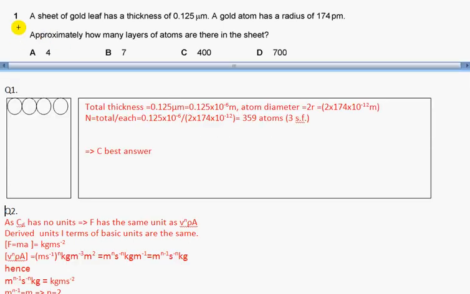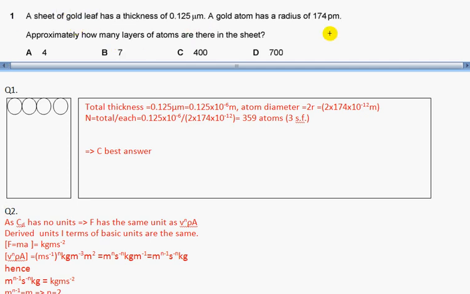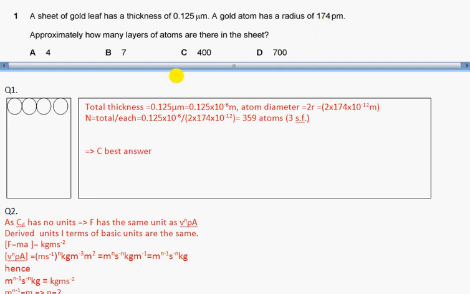A sheet of gold leaf has a thickness of, a gold atom has a radius of, approximately how many layers of atoms are there in the sheet? So here they just check that you know what is micro, what is pico, and how to use them. So total thickness is 0.125 micrometers.